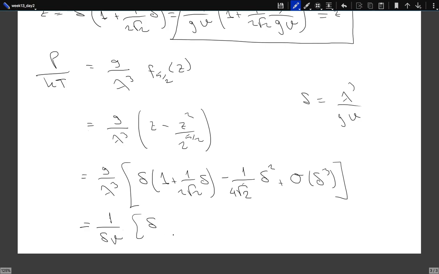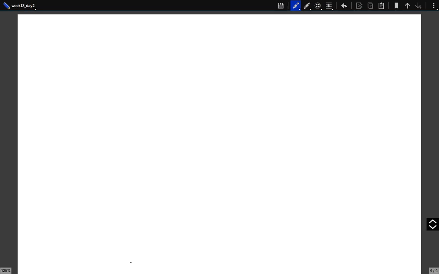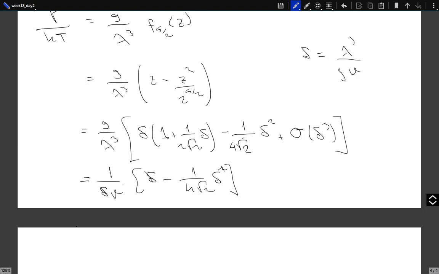I have this delta term, this is the first term, this is the classical result. And then I have plus 1/2 square root of 2, then minus 1/4 square root of 2. The difference is minus 1 over 4 square root of 2 delta squared. One of the deltas cancels, and we end up having PV over NkT equal to 1.